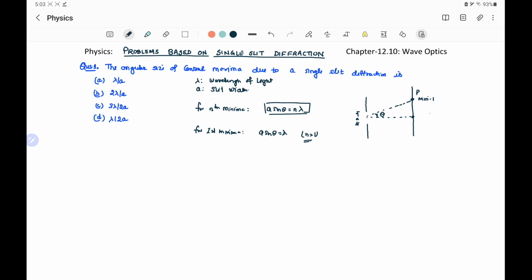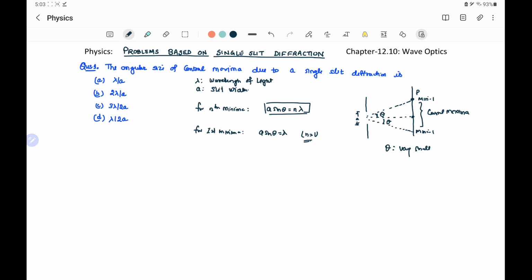Similarly, the first minima also appears on the other side at an angle of theta from the central line, and the region between these two minima is the central maxima, and this theta is very small.